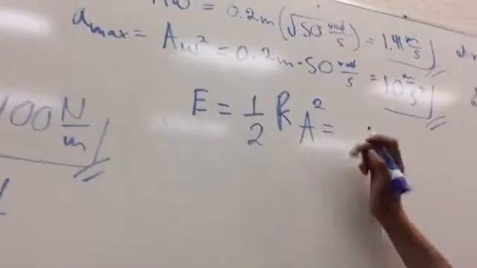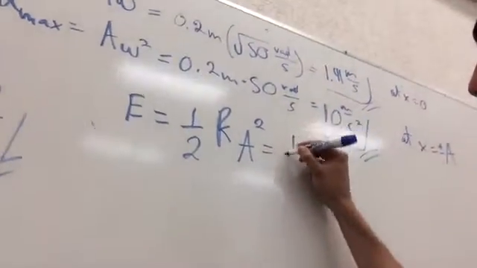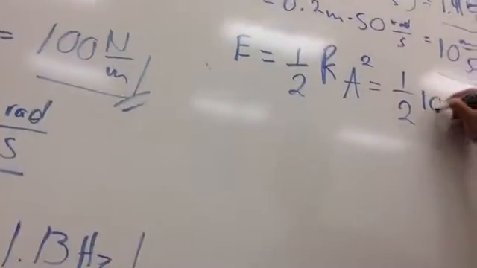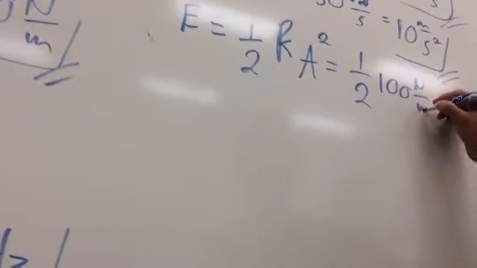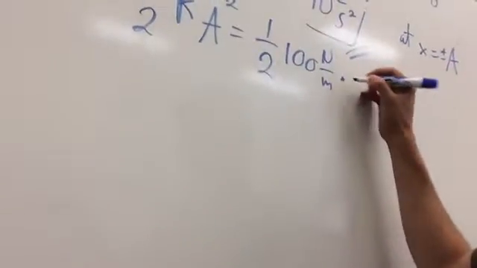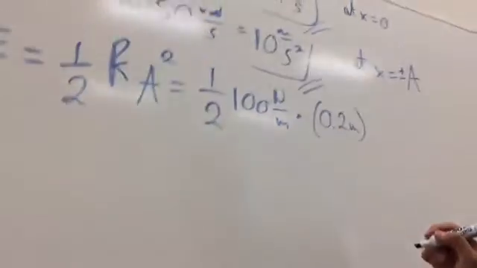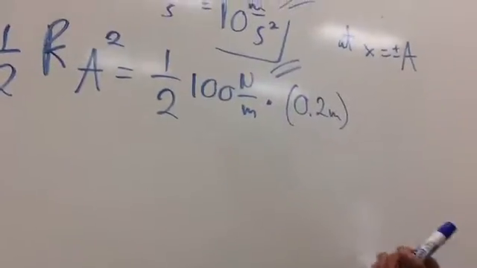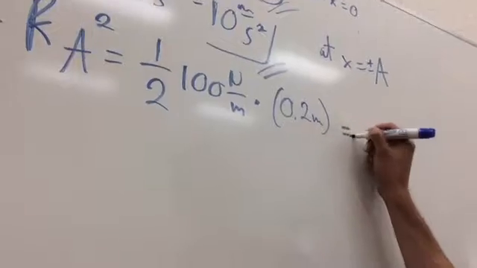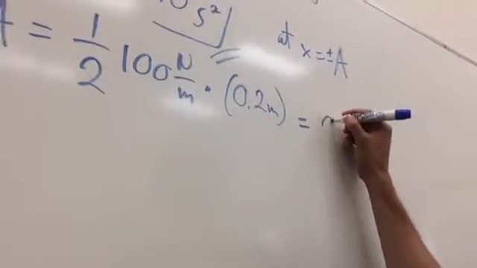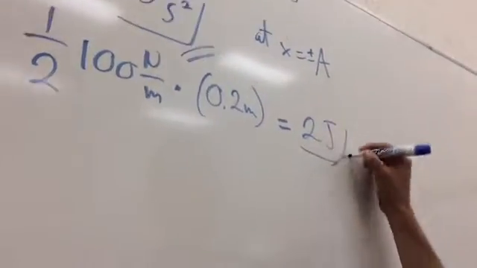We know k and we know the amplitude, so we only have to substitute: 100 newtons per meter times the amplitude. Once we solve this one, we obtain that the energy is 2 joules.